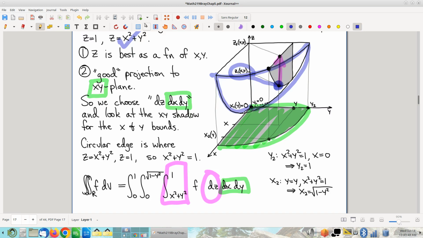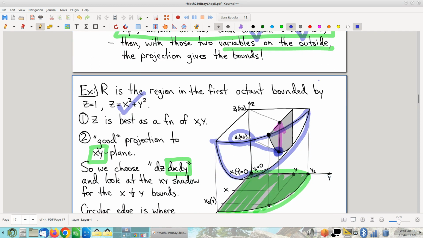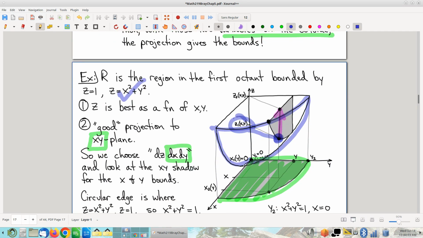And back up to the rule here, consistent, because it's always the same surface, and desirable in the sense that, well, how would I solve for Z? How would I figure out what that Z bound is? Well, it's pretty desirable. I can see it right there in the equation.